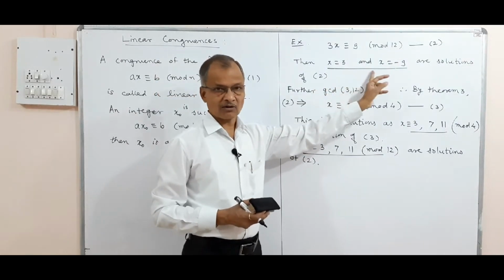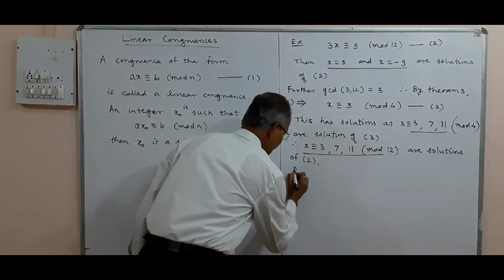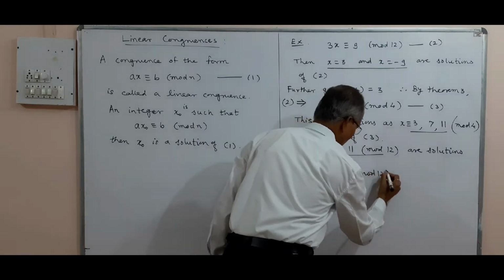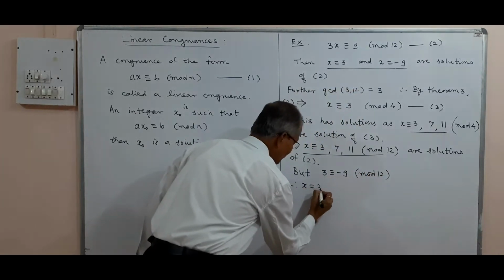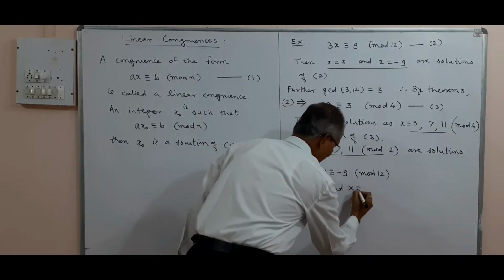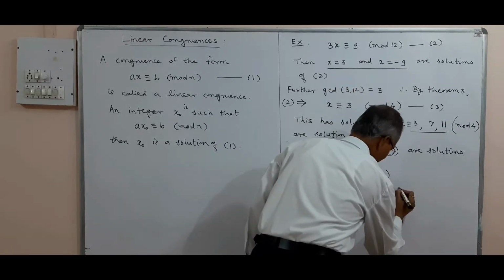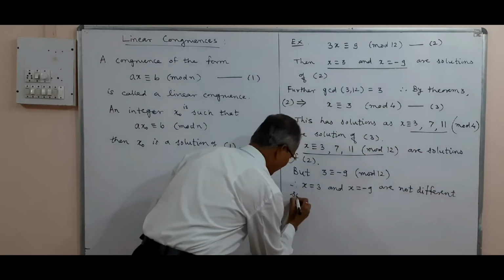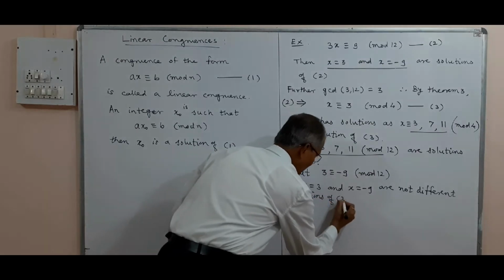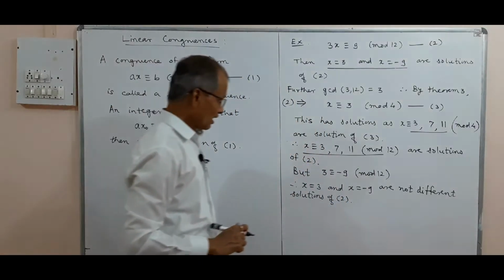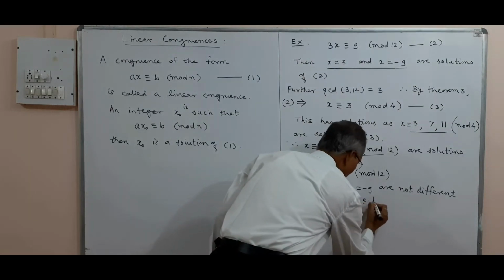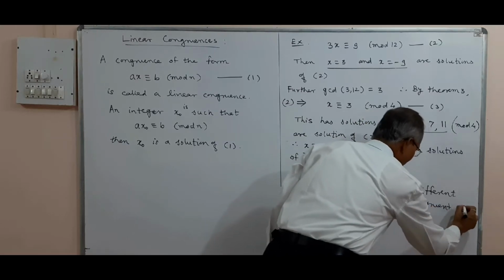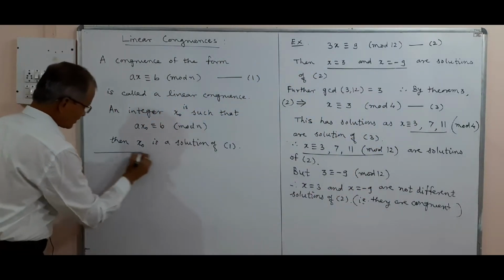And therefore, we say these are not different, these are the same. 3 is congruent to minus 9 modulo 12, and therefore x is equal to 3 and x is equal to minus 9 are not different solutions of 2, they are congruent to each other, congruent modulo 12.